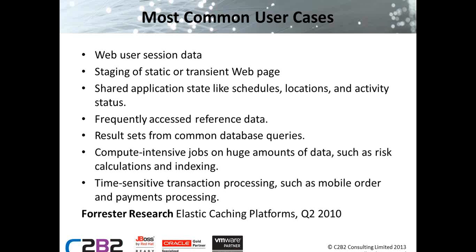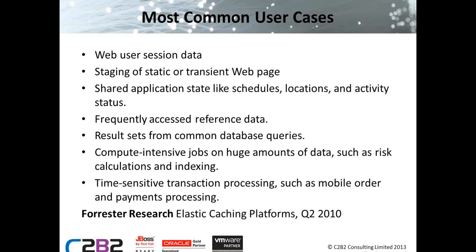If you put your session data into a data grid, then there's a number of benefits. One is you can refresh your application server cluster without losing any of the session data as it's stored in the data grid. You can also scale out your session store in the same way we've seen. We can scale out Coherence, so we can store large quantities of session data out in the data grid. We can also make it accessible to other applications if it's out in the data grid.